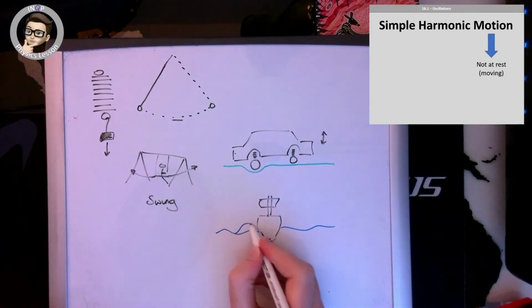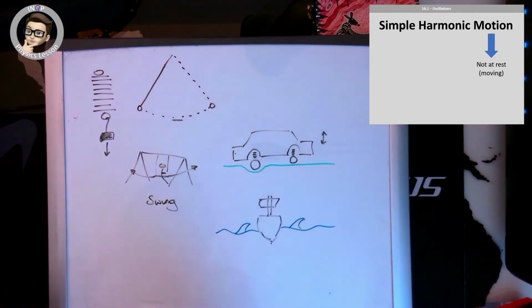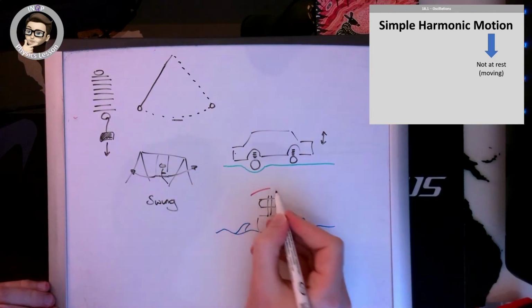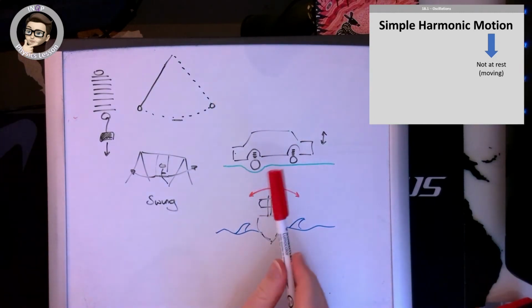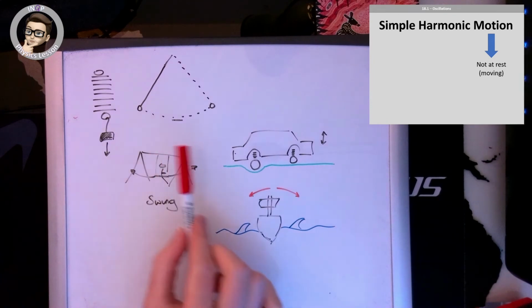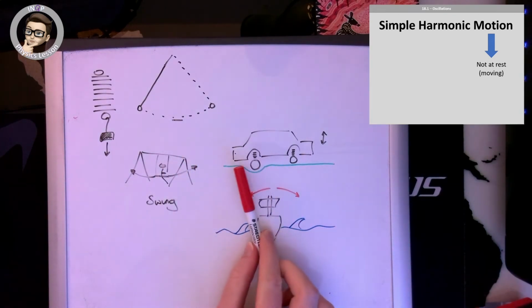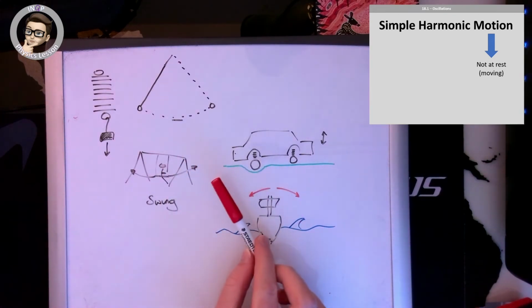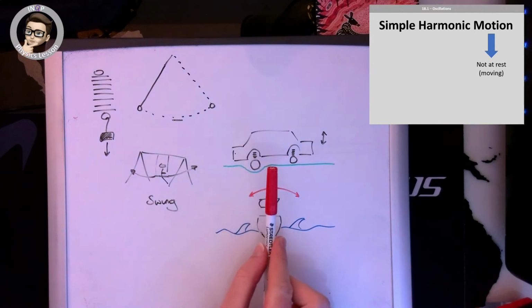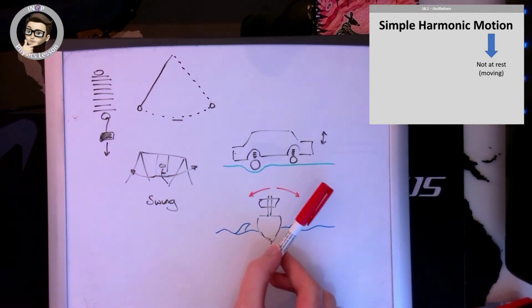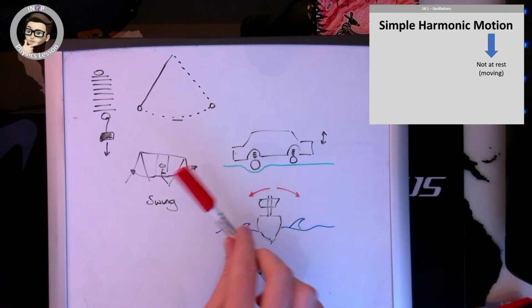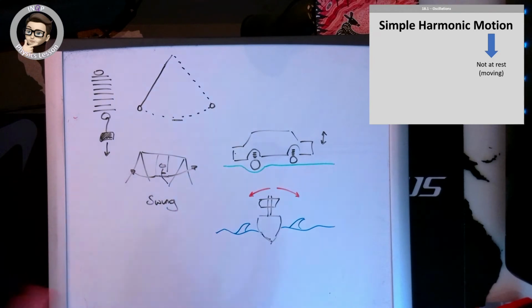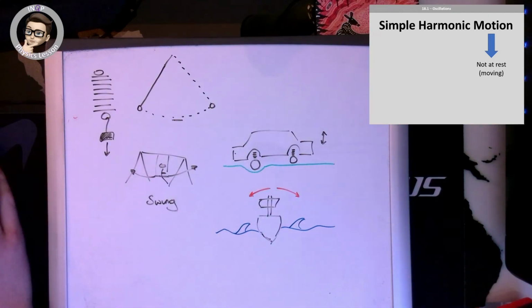So we've got waves coming in like this, passing through, in which case this boat will oscillate from side to side, moving around the center point. And again, it's very much like a pendulum. The whole object oscillates, decelerates, then it accelerates, has no acceleration, decelerates, then it accelerates again, etc., backwards and forwards, because the boat moves from side to side. So it enters simple harmonic motion.